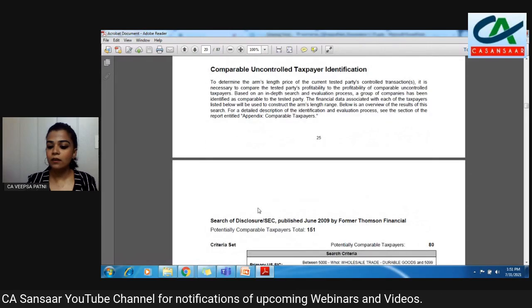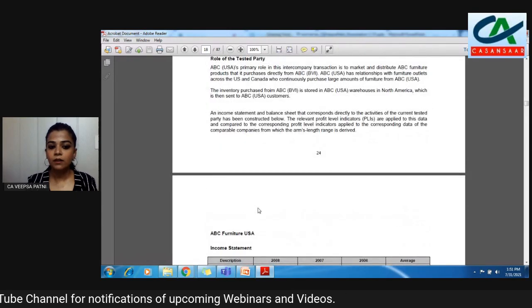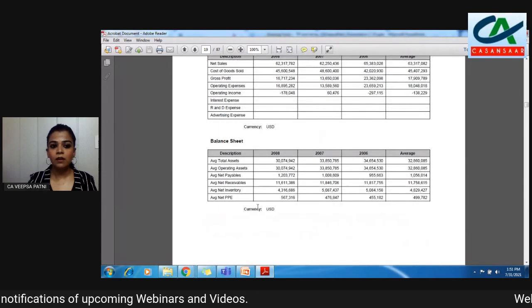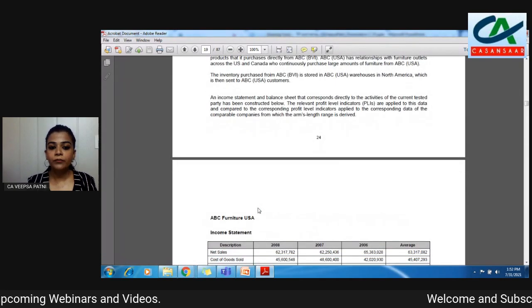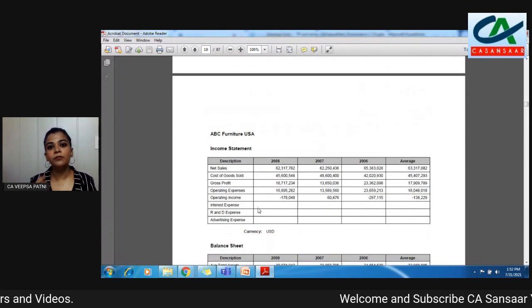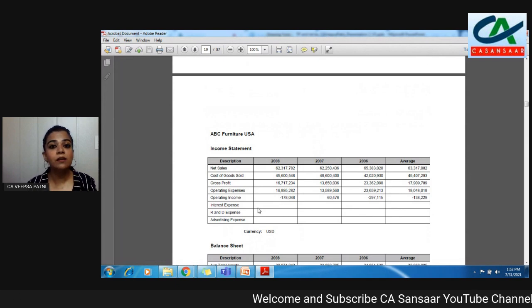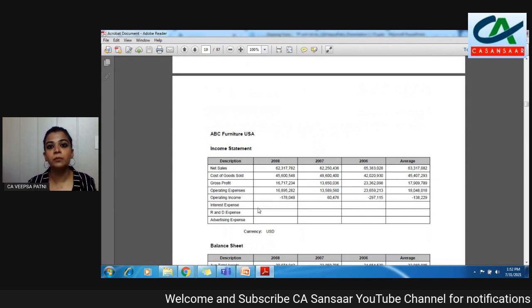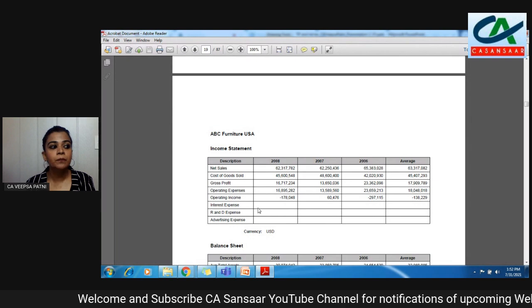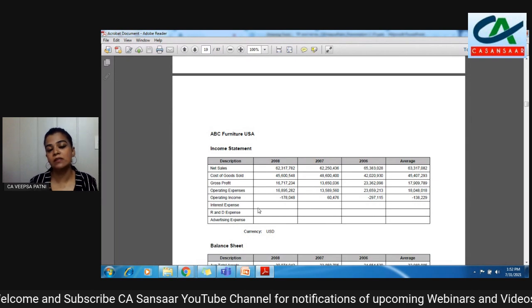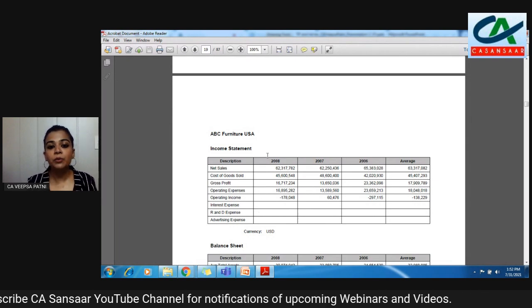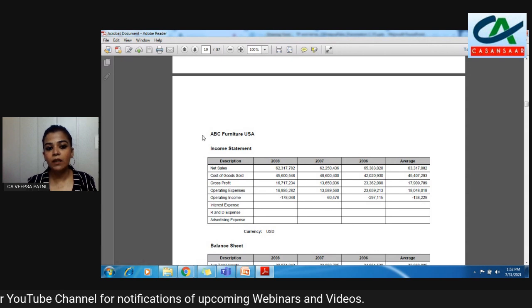Then it talks about the margin of your entities. So say if ABC India is earning a 12% margin on the business it is performing, you will give that detail in this section.